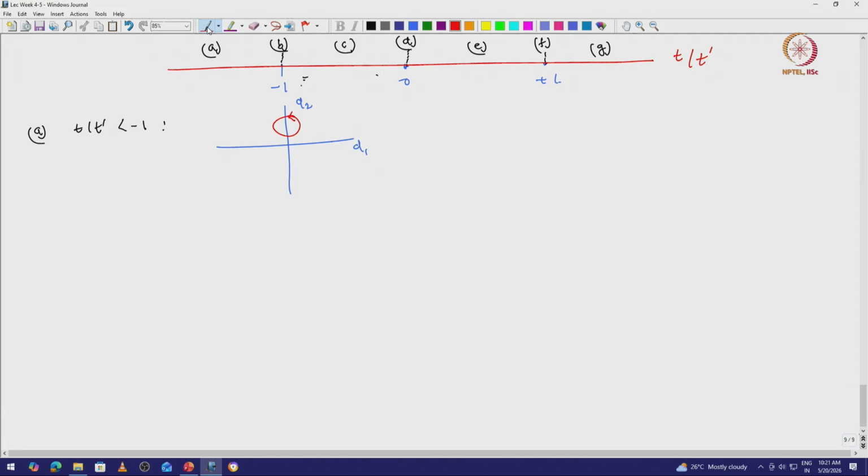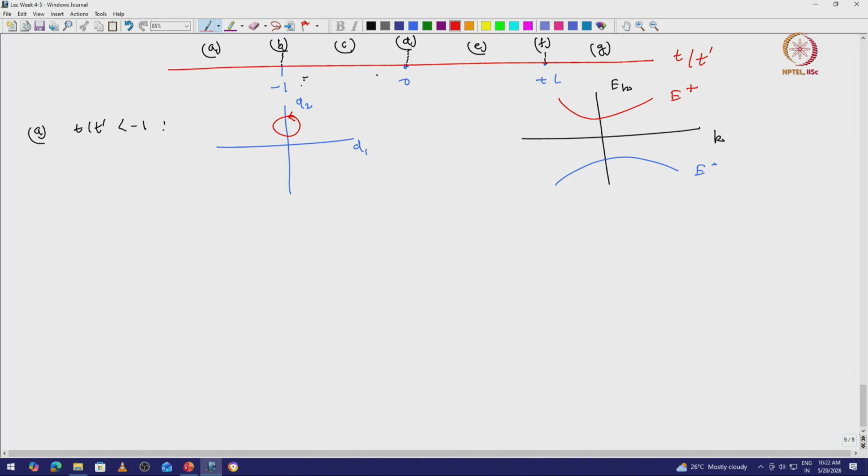So, in this case the band structure will look like this: E minus, this is E plus.